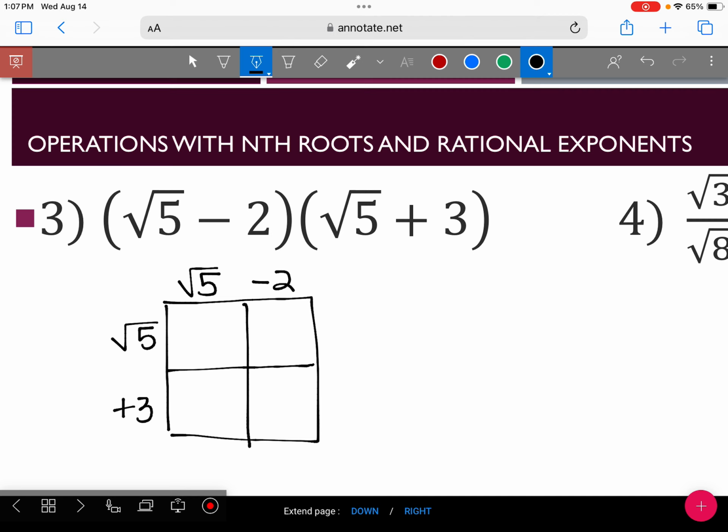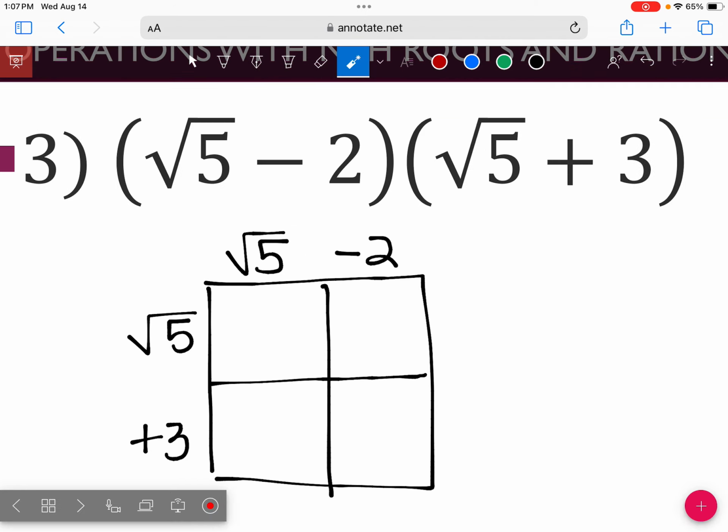So, all right. Let's go ahead and fill in this first square. So you have the square root of 5 times the square root of 5. The square root of 5 times the square root of 5 is equal to the square root of 25, because 5 times 5 is 25. But the square root of 25 is what? 5. So what you really have in this square is just a 5.